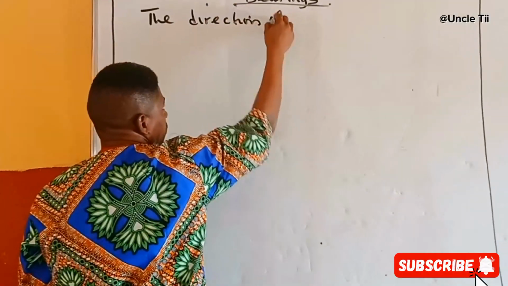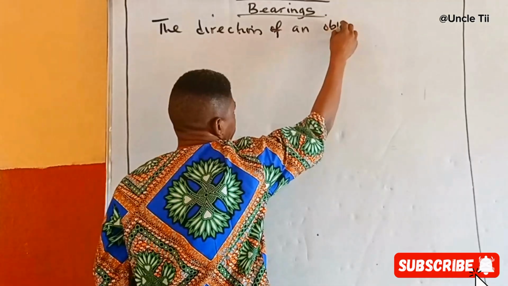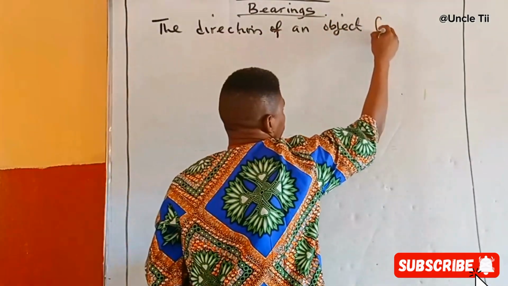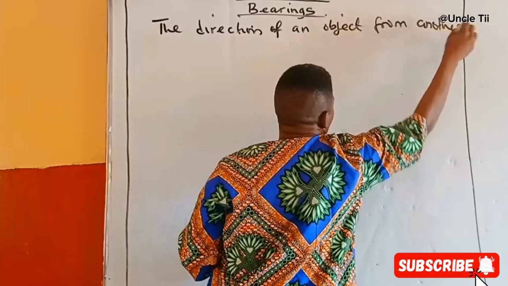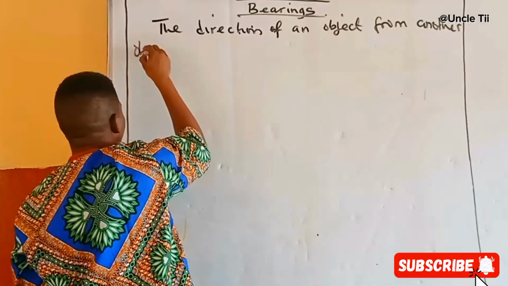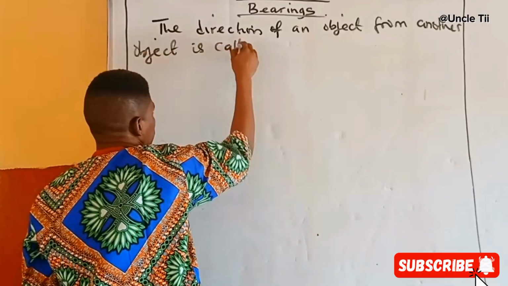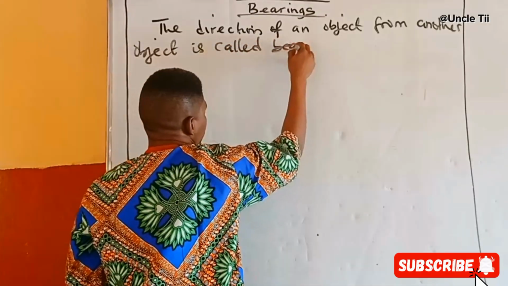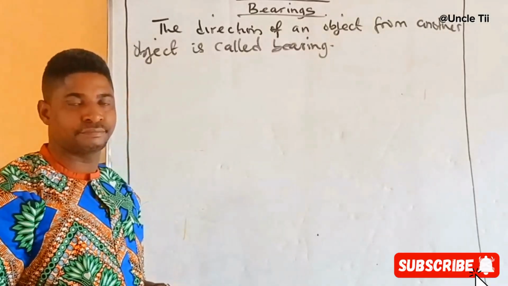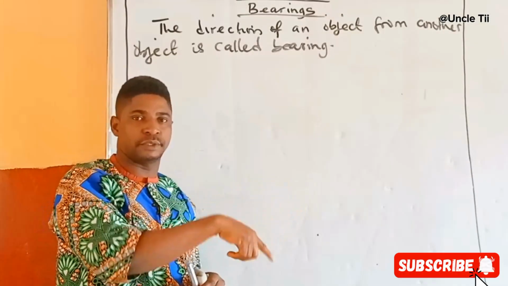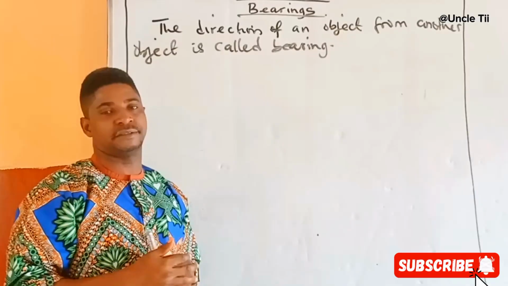The direction of an object from another object is called bearing. The direction of an object from another object is known as bearing.